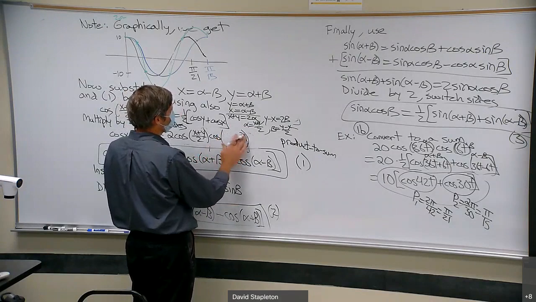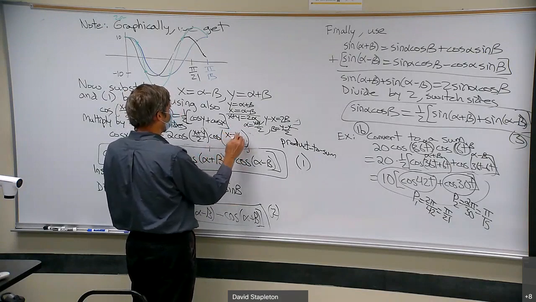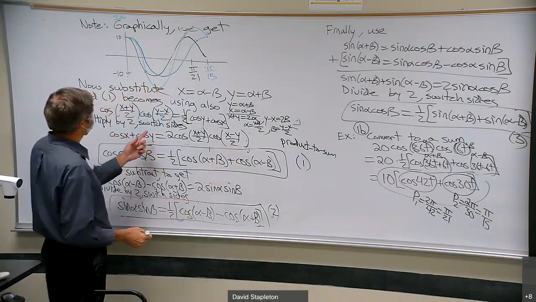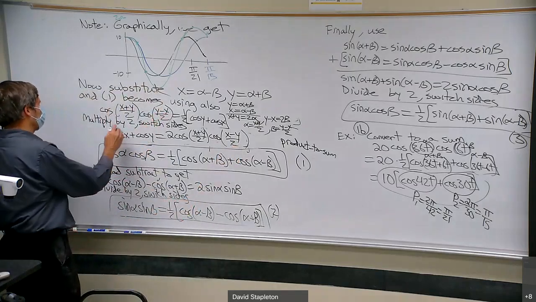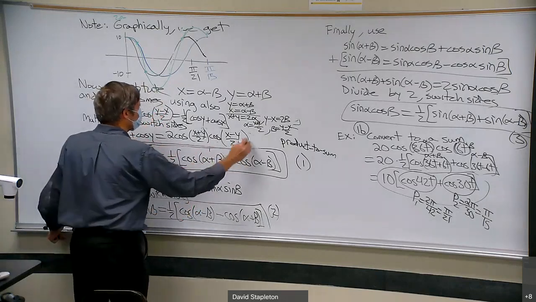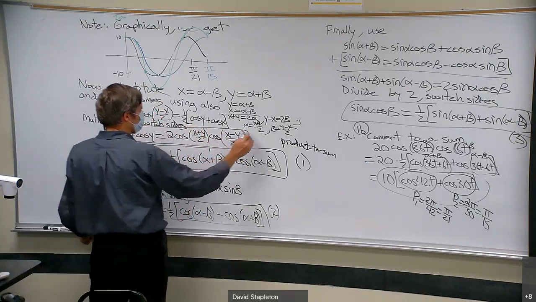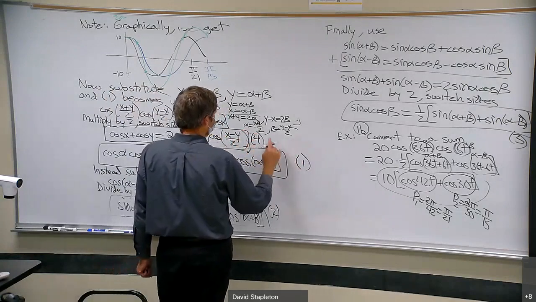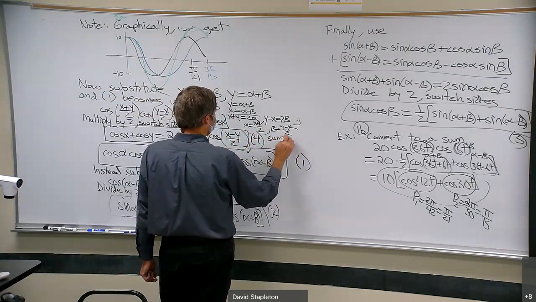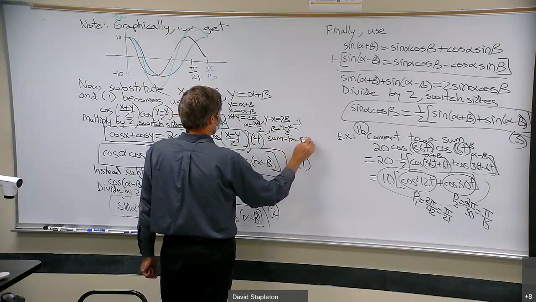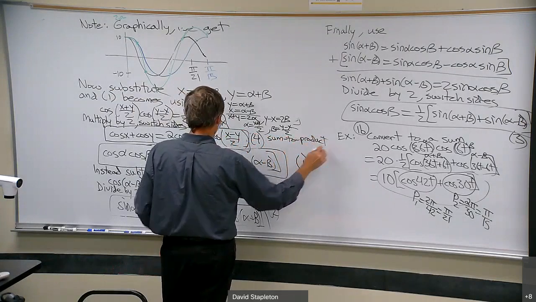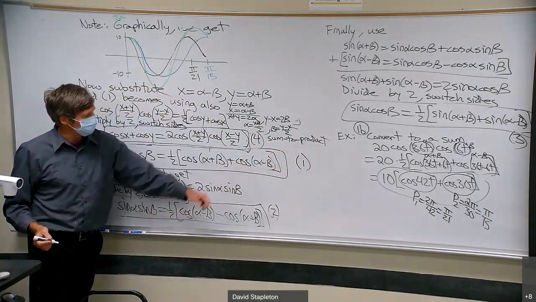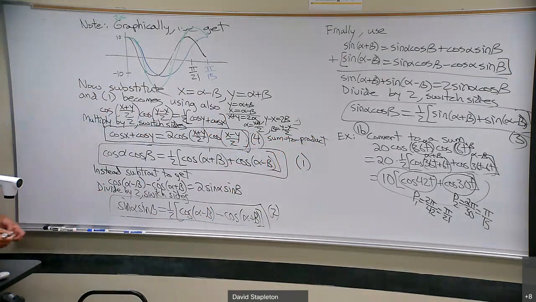So we can just switch it and write (x minus y) over 2. And we have this identity here, which I can call 4. This one is a sum to product identity. So you just take this product to sum identity, replace alpha plus beta with y and alpha minus beta with x, and you get this sum to product identity.